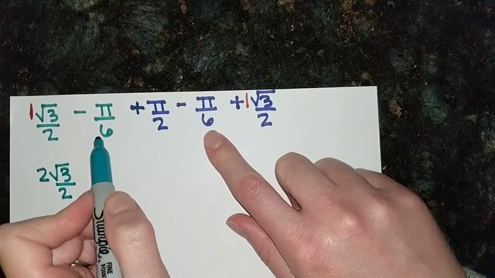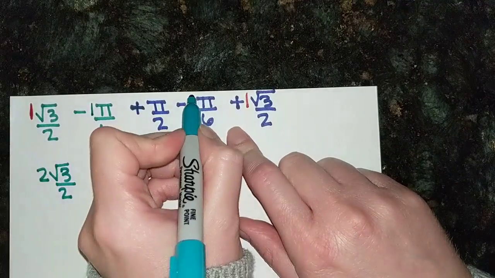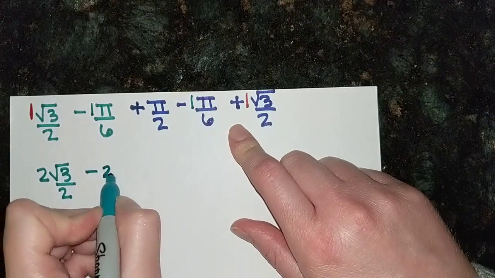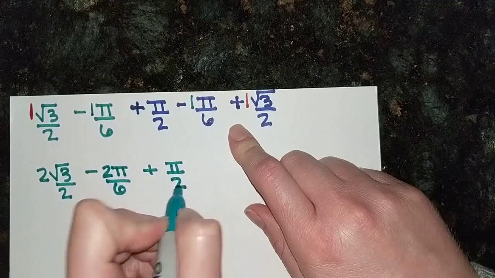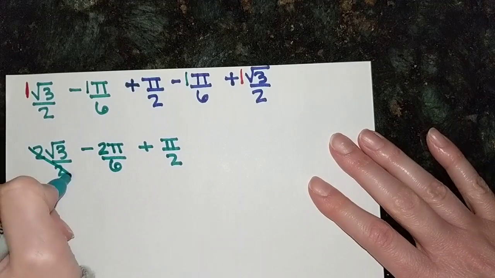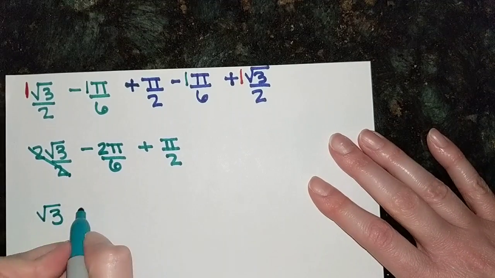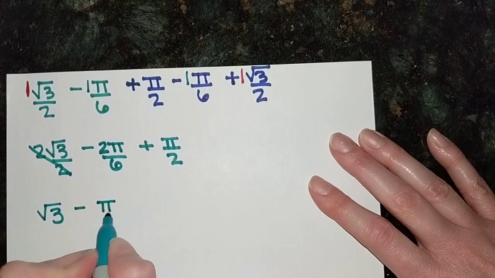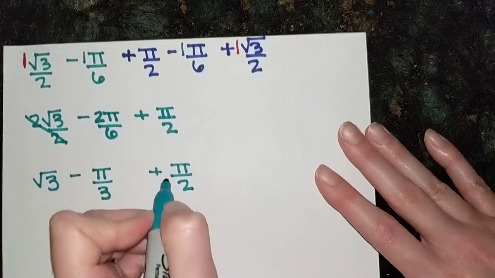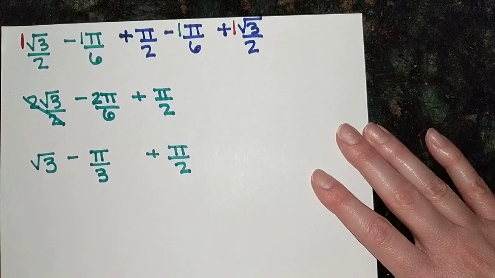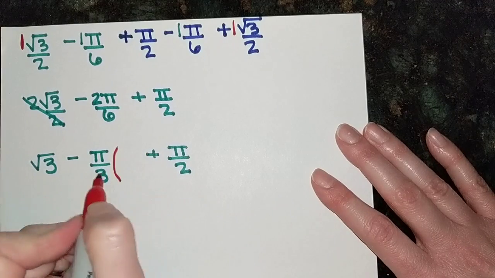Here, if you look at your pi's over 6, you have a pi over 6 and another pi over 6. So that gives you negative 2 pi over 6 plus pi over 2. So the 2's will cross out here. You get square root of 3 minus pi over 3 plus pi over 2. And you'll want to combine those two like terms by getting a common denominator.